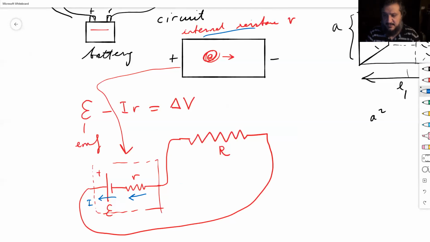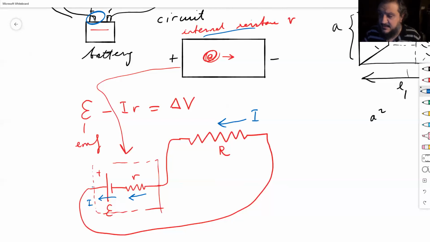Then it leaves the terminal here, enters your load, and goes back to the negative terminal of the battery. It goes like this. So for a current to exist, there should be a complete cycle, a loop. Otherwise, you won't have any current.